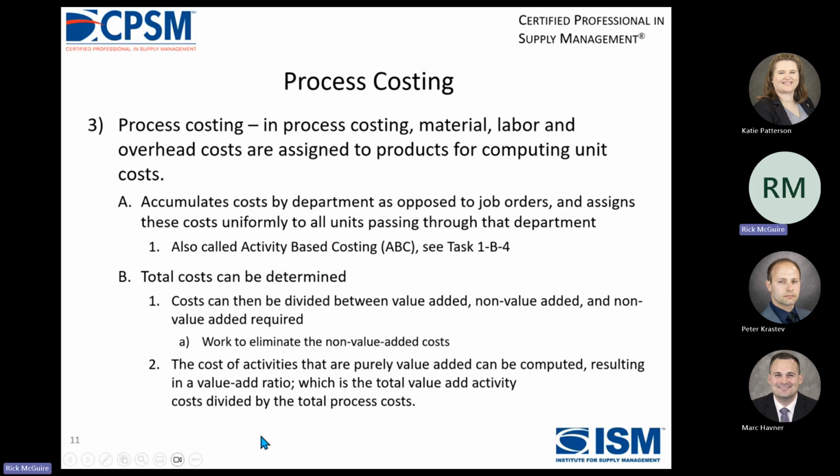That's the idea behind ABC. Total cost can be determined, then divided into value added and non-value added. Try to work to eliminate the non-value added. And the costs that are purely value added can be computed, resulting in a value add ratio. Yeah, that's nice.